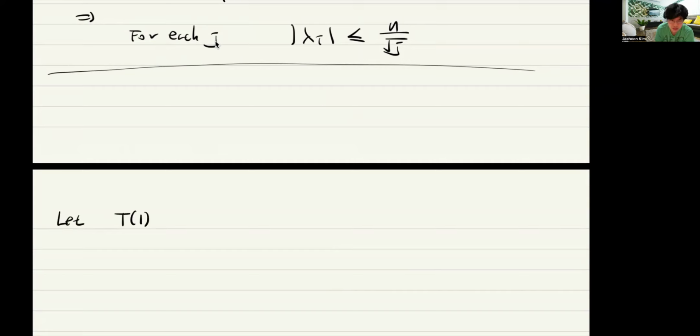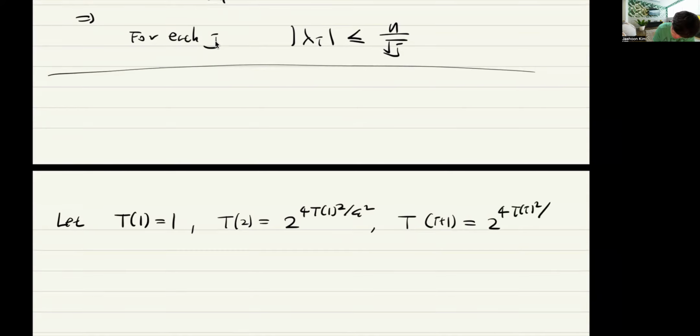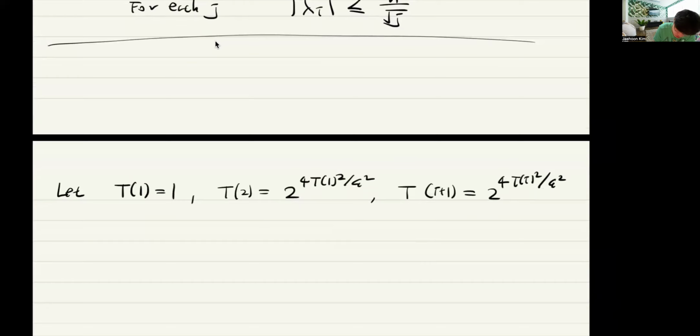Say capital T_1 is 1, and T_2 is 2 to the 4 times T_1 squared divided by epsilon squared. In the same way, T_{i+1} is 2 to the 4 times T_i squared divided by epsilon squared. This determines the sequence.